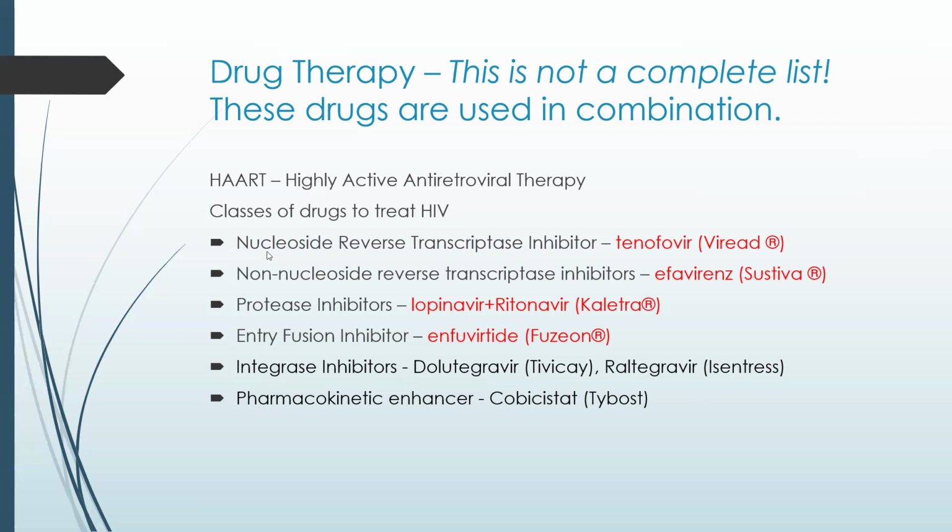For the NRTIs, we have tenofovir or Viread. For the nucleoside reverse transcriptase inhibitors, we have Sustiva or efavirenz, and notice the VIR is in the middle, not at the end.